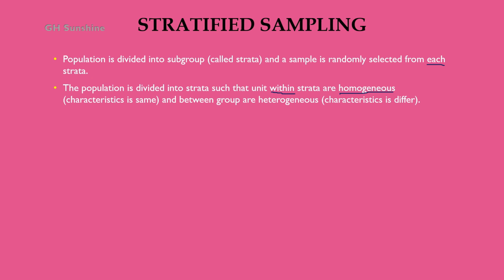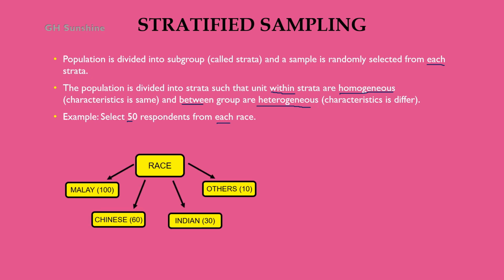Meanwhile, between groups are heterogeneous, meaning that the characteristics differ. For example, select 50 students from each race. So Malay 100, Chinese 60, Indian 30, and then others is 10. The population size equals 200.